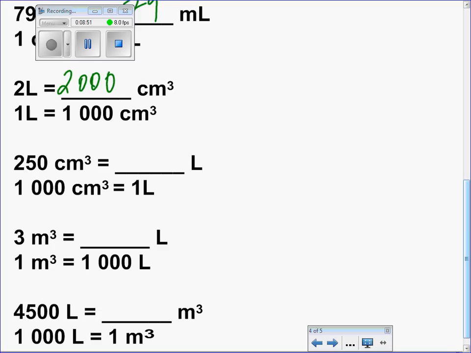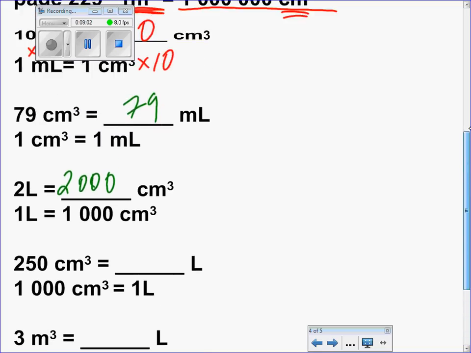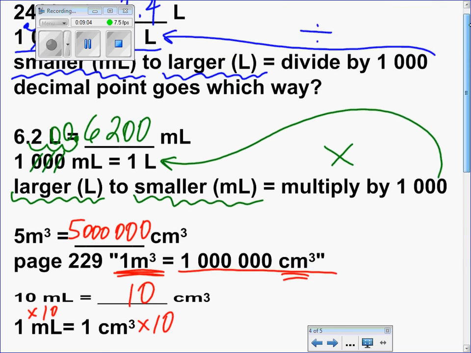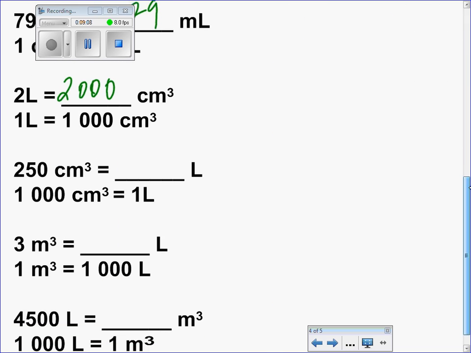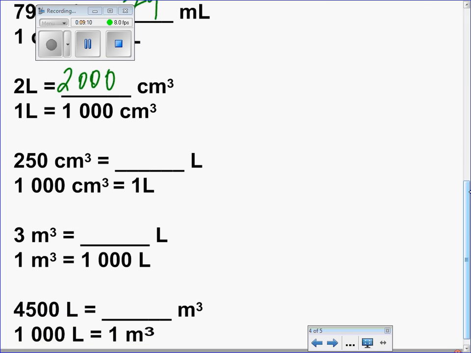Well, if 1 liter is 1,000 cubic centimeters, remember, am I going to divide or am I going to multiply? A smaller unit to a larger unit? I'm going to divide by 1,000. Why?